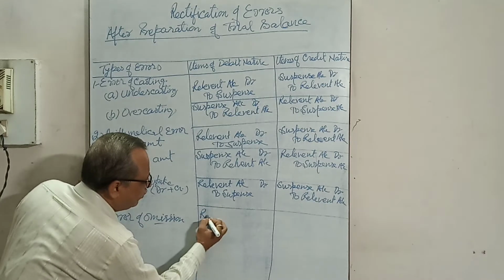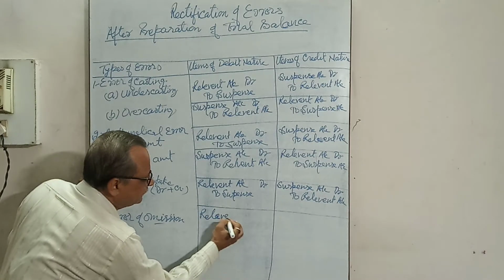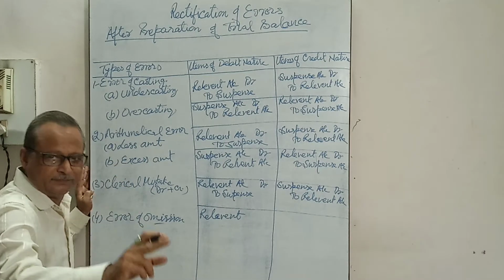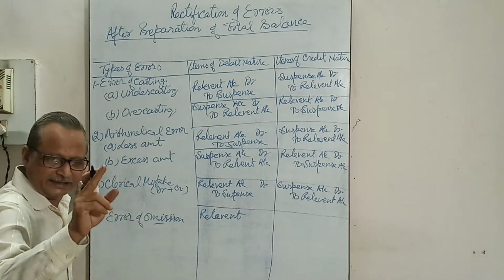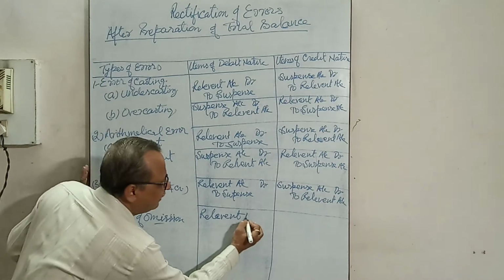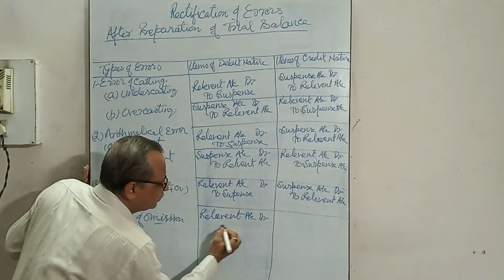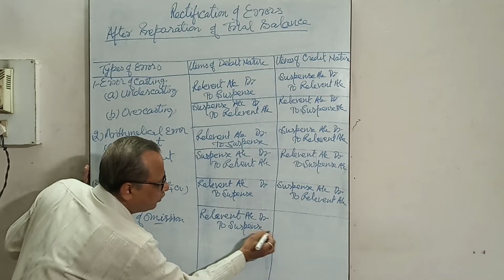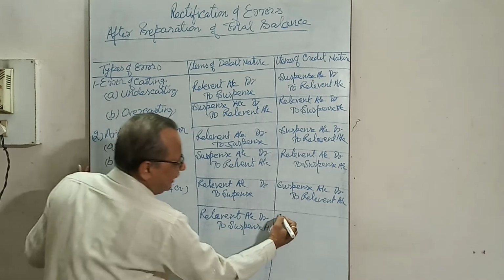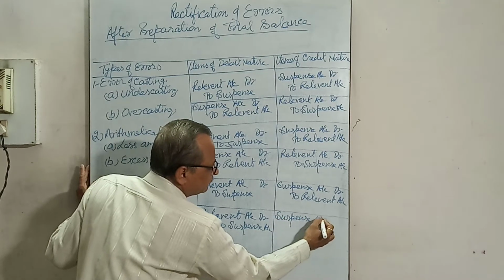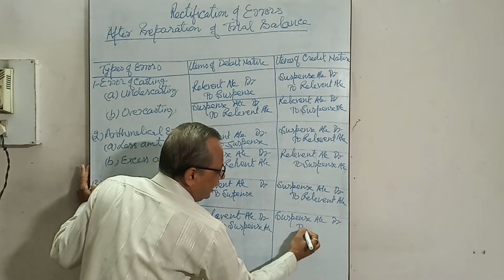So relevant account debit, and that difference was written in the suspense account, because the trial balance was not matched. Relevant account debit, so it is now corrected through the suspense account, and suspense account credit to relevant account.